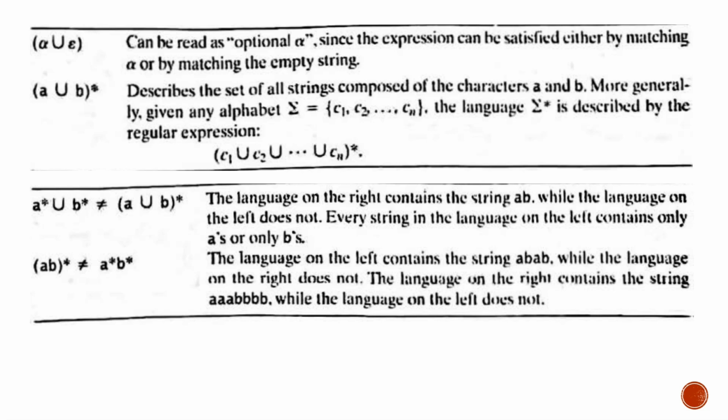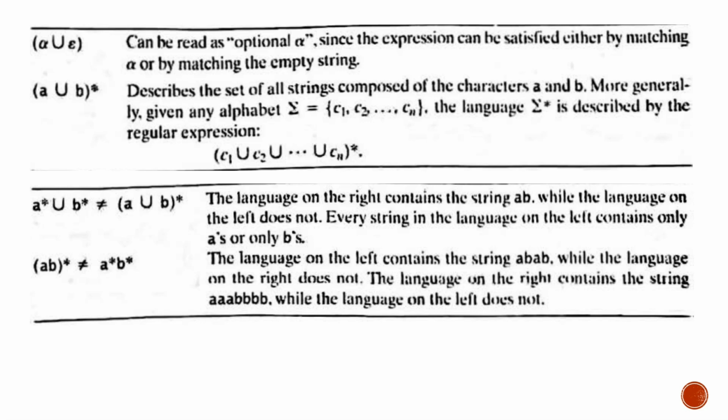Nothing means alpha may appear 1 or 0 times. In this case, A union B whole star means strings which are made up of any number of A's and B's. Right? Then the next example, A star union B star. What is the meaning of this one? I can have any number of A's or any number of B's. Both we can't have.